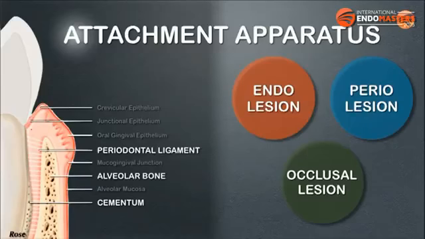These different pathologic processes may also coexist in the attachment apparatus of the same tooth, giving rise to the so-called combined lesions. There is a reciprocal relationship between endodontic and periodontal pathologic processes. The two diseases may have many signs and symptoms in common, causing great diagnostic difficulties which become even greater when the two pathological processes coexist or when one simulates the clinical or radiographic appearance of the other.